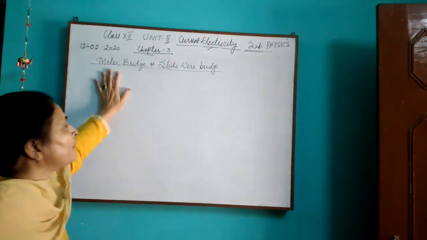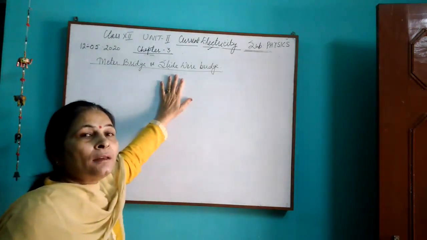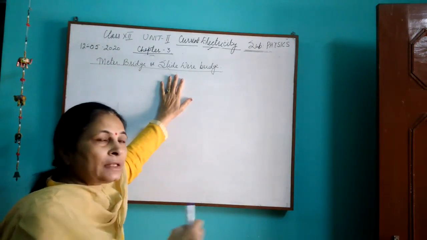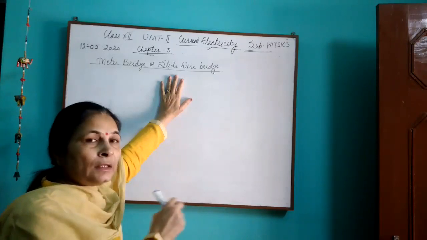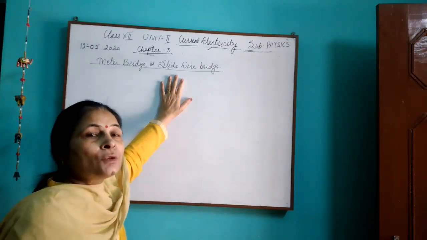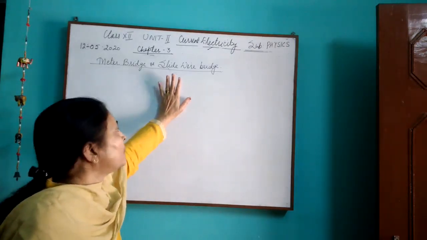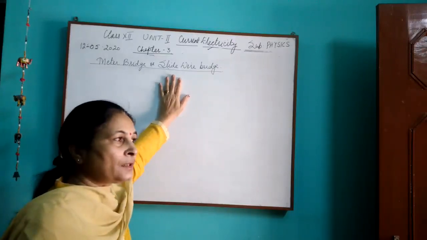It is also called a slide wire bridge, because in the working we'll be sliding a device on the wire so that the different arms get balanced.